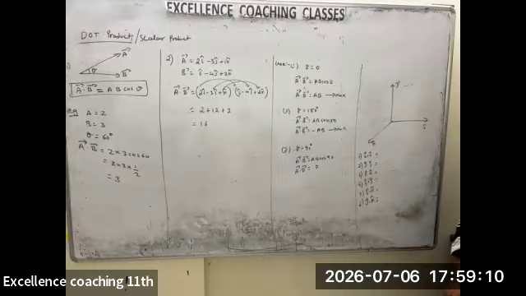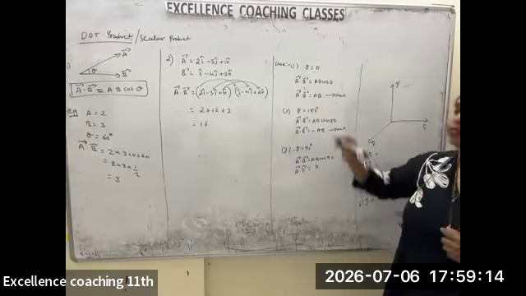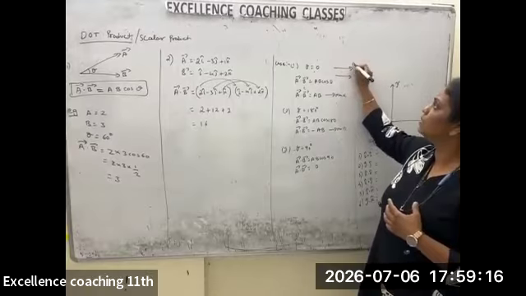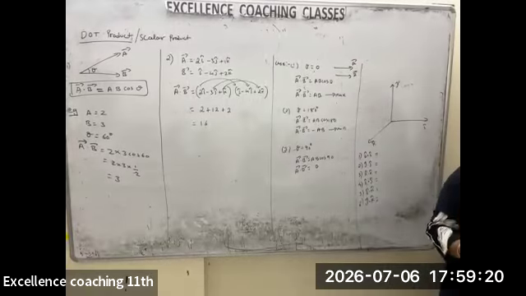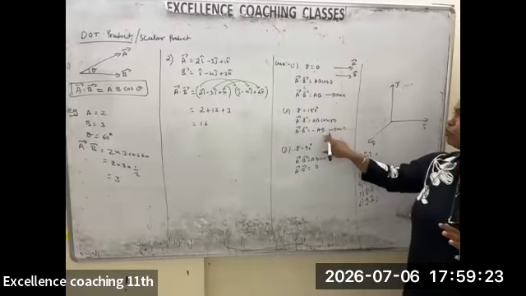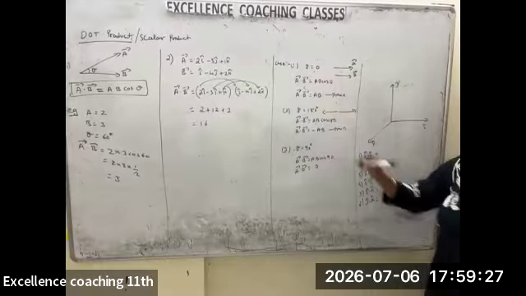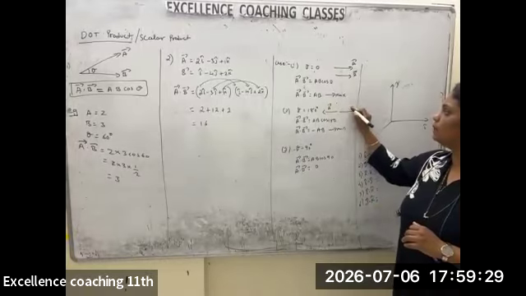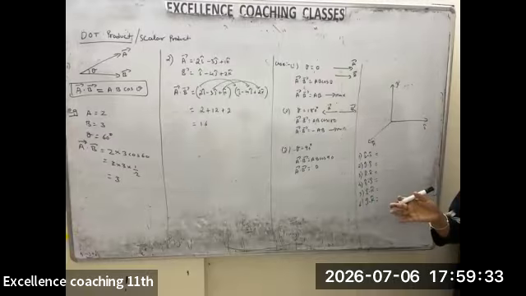See, what do you mean by theta is 0? Your vector A and vector B are going in the same direction, overlapping. When it is minimum, vector A and vector B are going in opposite direction. 180 degree means opposite direction.